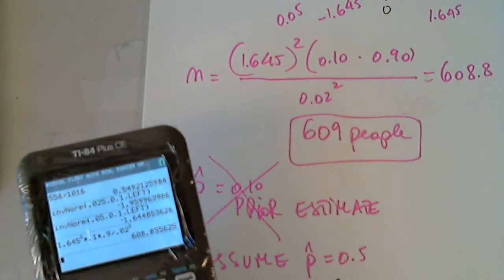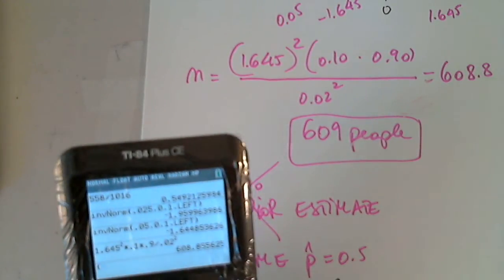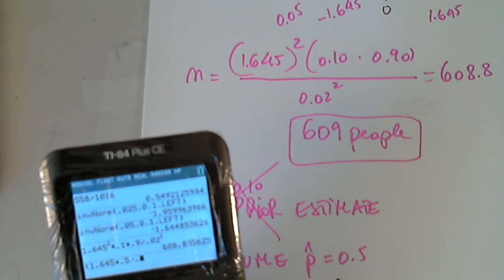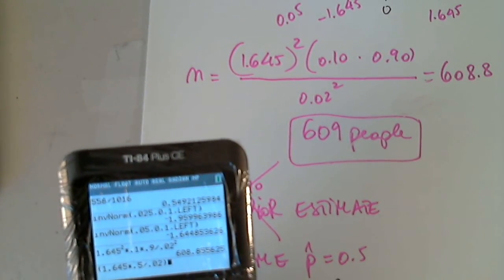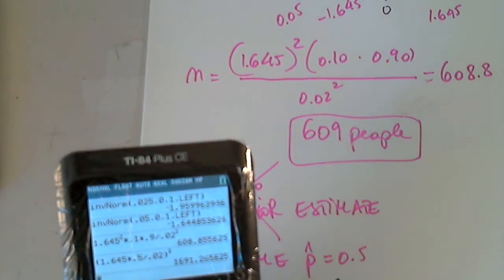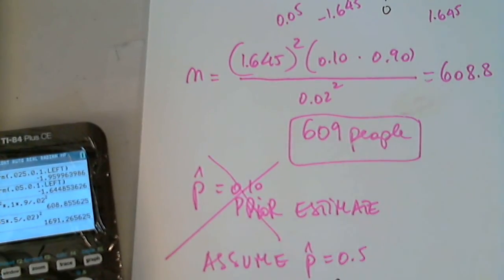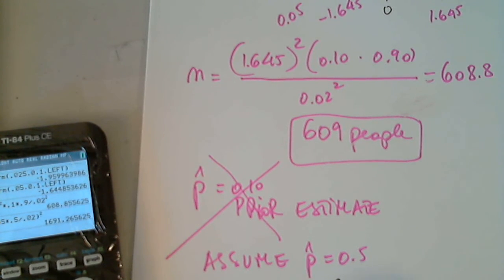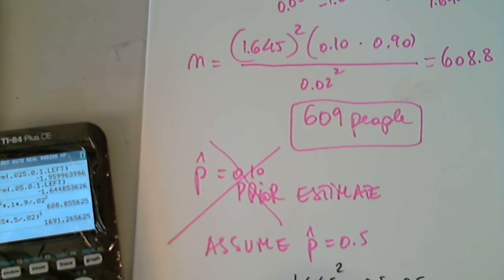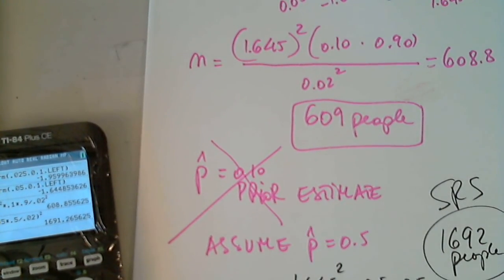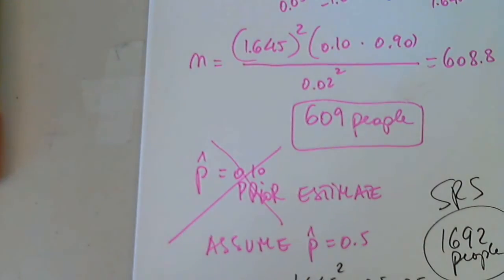So because they are all squared, I can do this: 1.645 times 0.5 and divide by 0.02, and then I square the answer. 1691.26. I will select 1692 people. A simple random sample with 1,692.